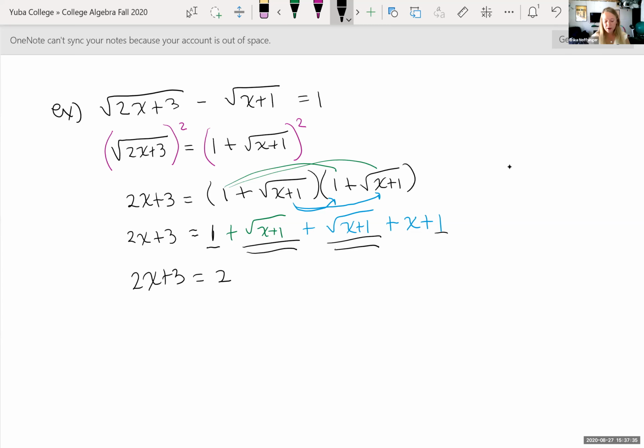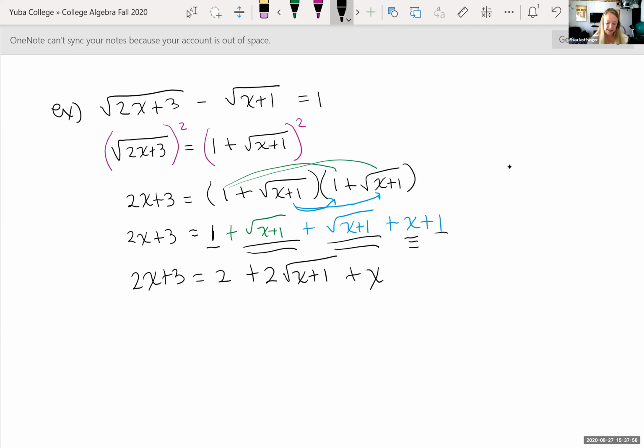When you're summing radicals, they have to have the same thing underneath the radical, and you just add the numbers in front and treat it like it was x. So 1 plus 1, so this would be plus 2 square roots of x plus 1. And then we're still left with a single x, so plus x.